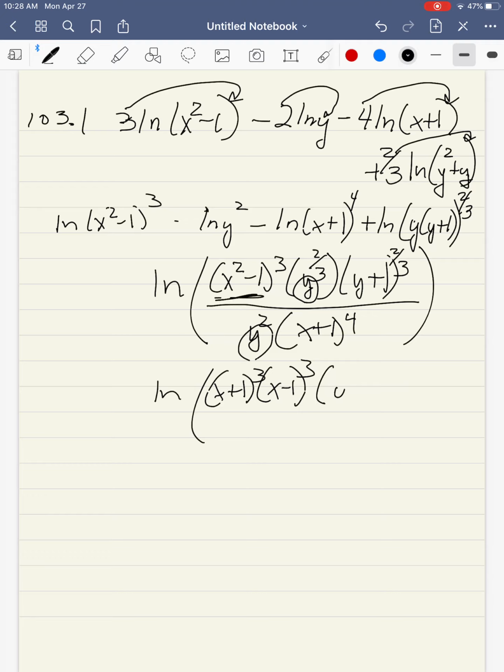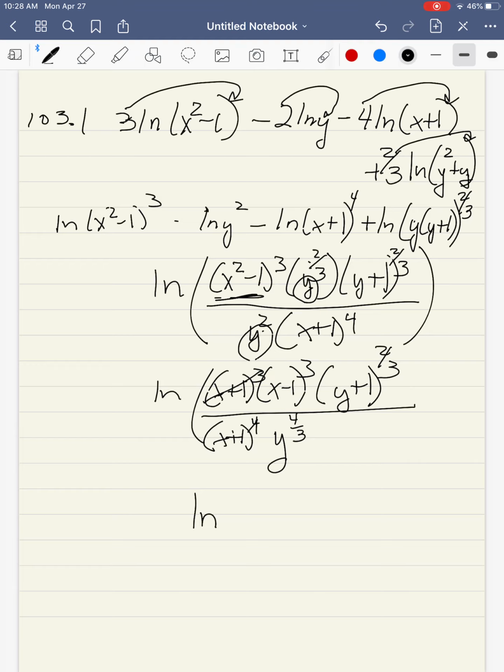And then I'll leave this (y plus 1) here to the 2/3. Down here, I have the (x plus 1) to the fourth. And if I take the 2/3 and subtract it from 2, that would be y to the 6/3 minus 2/3 would be 4/3. And then lastly, to simplify it, we can take this (x plus 1) to the third and cancel it in here and leave us with just (x plus 1) to the 1.